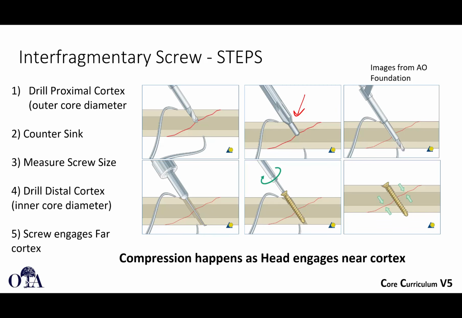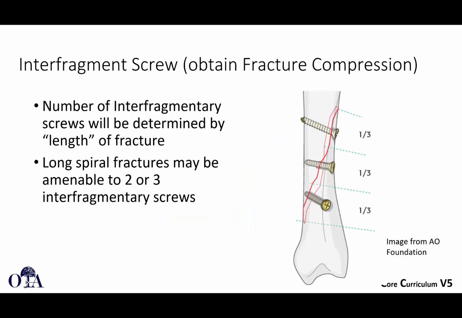Then you take a measurement, and you place your screw, and you can see once you engage the far cortex, the screw will not engage the near cortex. It'll slide right through, engage the far cortex, and then you're relying on that screw head hitting the bone, engaging the cortex here, and providing that compression. So the compression happens once that head hits the near cortex.